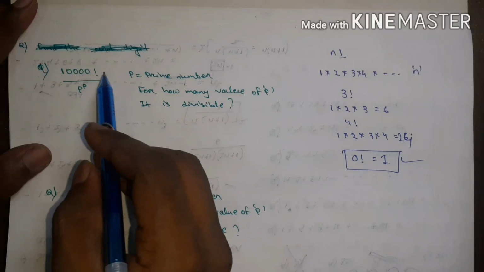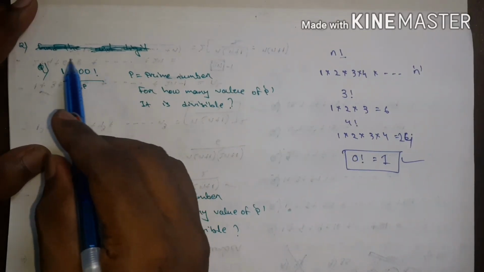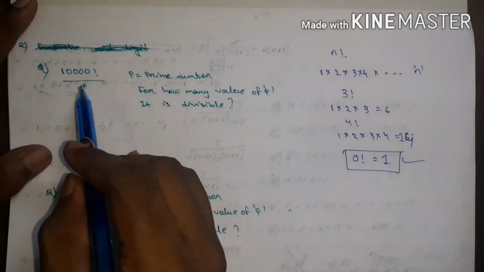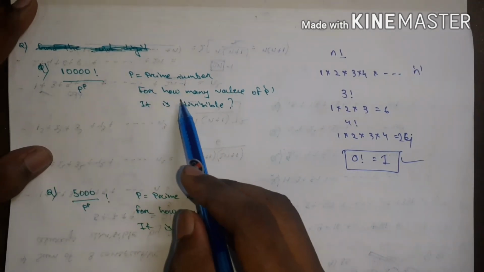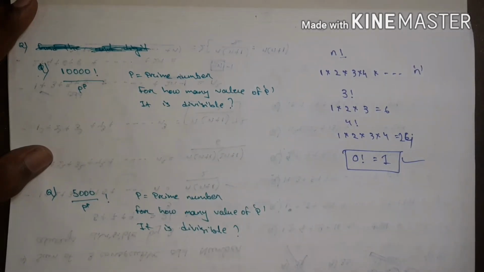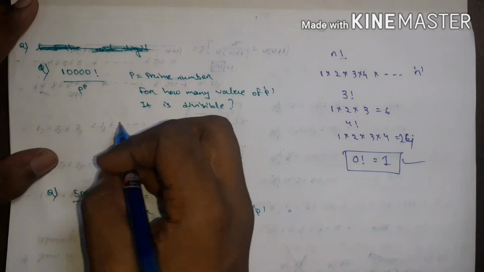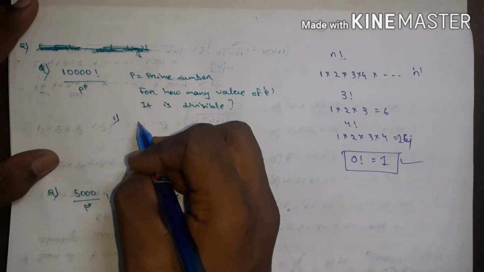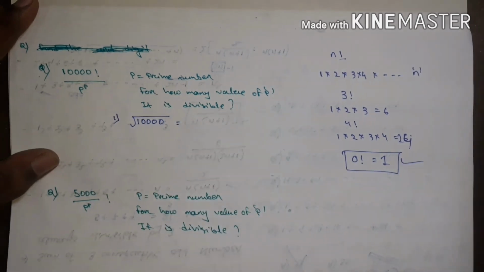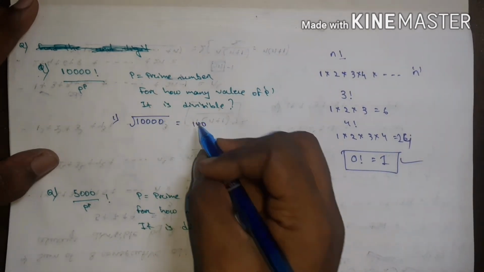Then this is the number: 10,000 factorial by p to the power p. For how many values of p is it divisible? There is a simple trick. First, take the root of this. What is the root? 100.